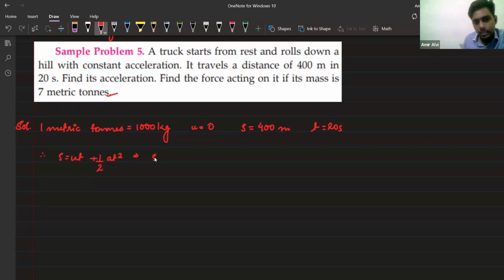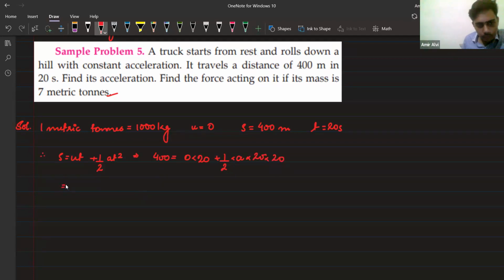So S is 400 equals u is 0 into 20 plus half a into t, 20 into 20.